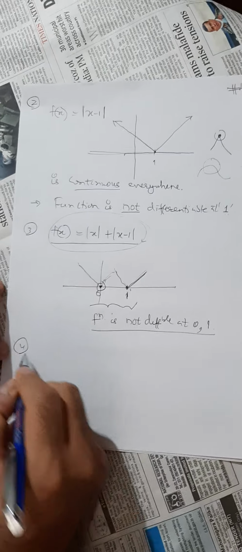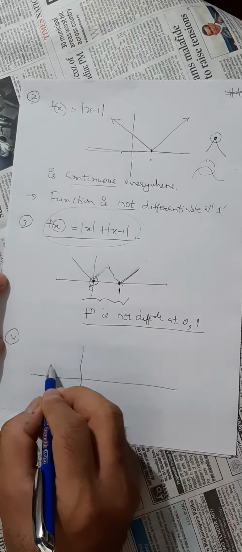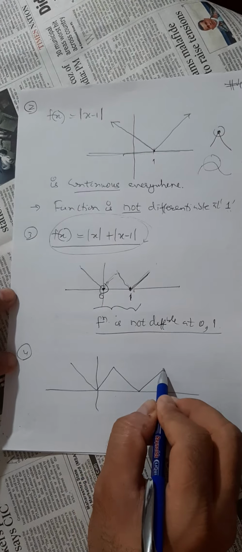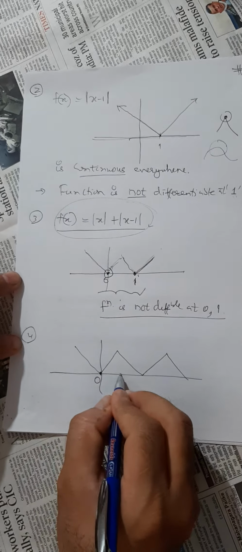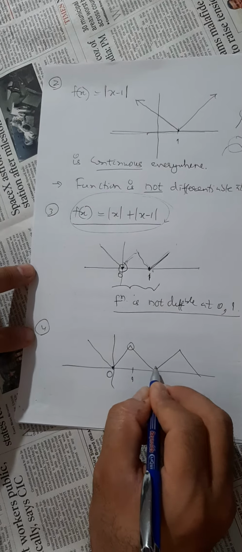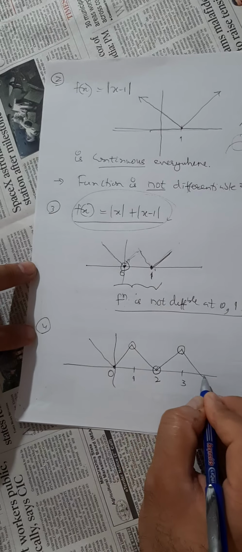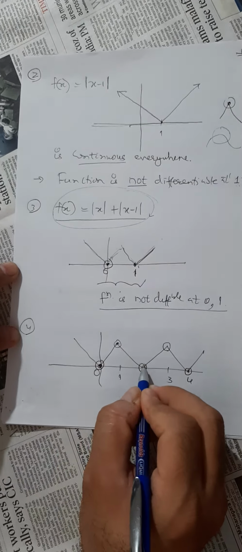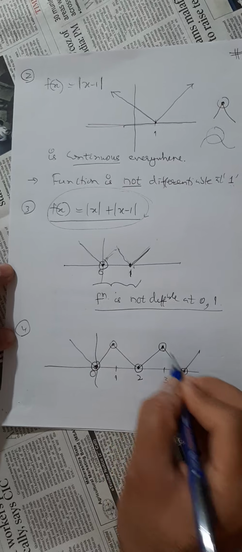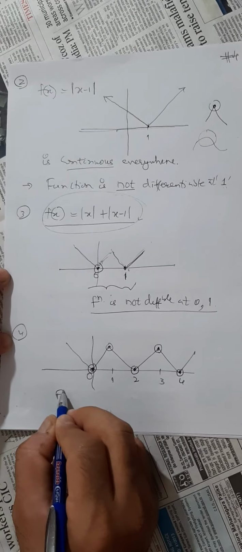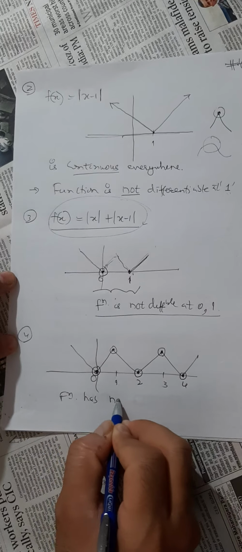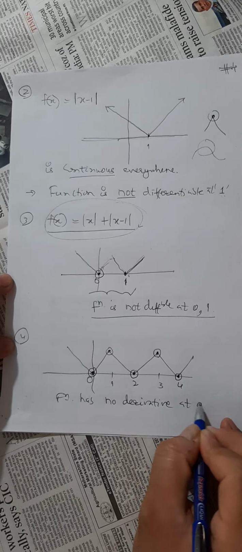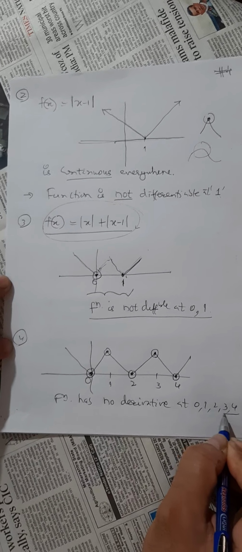If I have a function like this, if I draw a rough graph, suppose my function is like this. Here at 0 there is a corner, here at 1 there is a corner, at 2 a corner, at 3 a corner, at 4 a corner. So you can say that the function has no derivative at 0, 1, 2, 3 and 4.